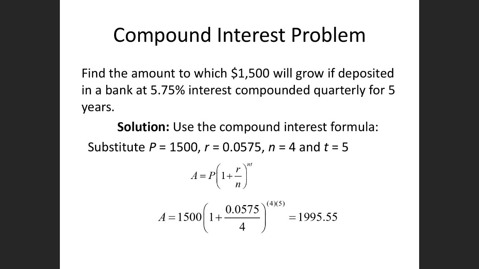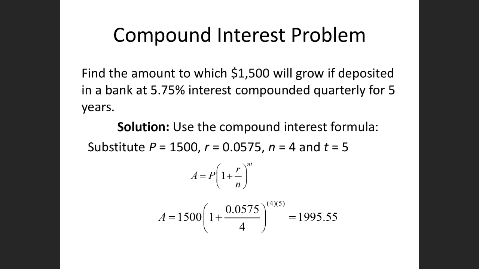Let's plug in what we know: P is 1,500, and we know the R, the N, and the T. The way I would do it on my own is to first do what's inside the parentheses. I would do 0.0575 divided by 4.